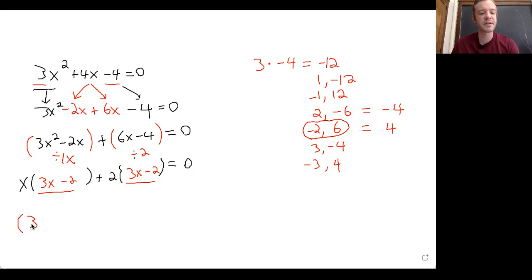So 3x minus 2 will become the first parentheses for our answer. And the portion that was left over is the portion that was in front of the 2 parentheses at the previous stage. So the second parentheses for our answer is going to be x plus 2.